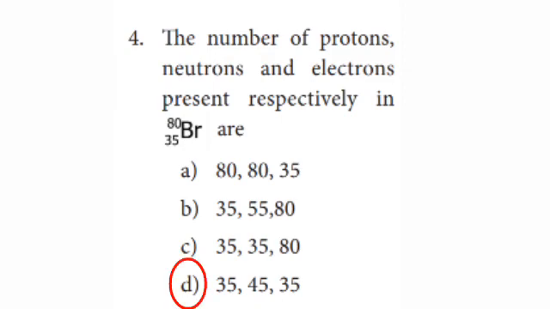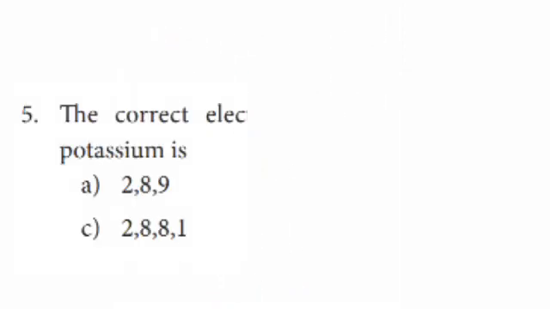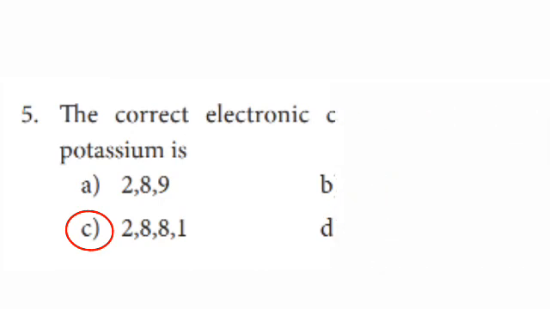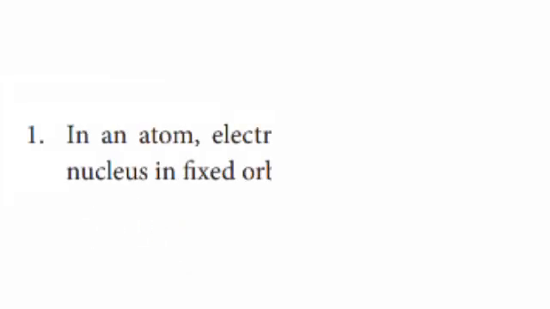The correct answer is option D: 35, 45, 35. Question number 5. The correct electronic configuration of potassium is. The correct answer is option C: 2, 8, 8, 1.